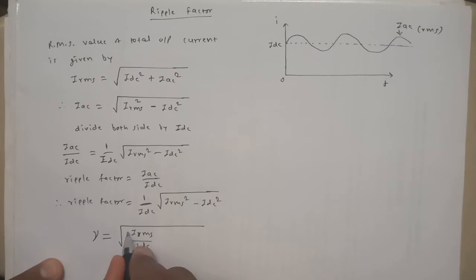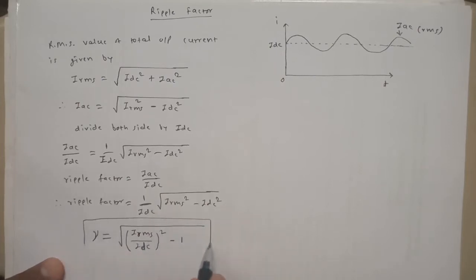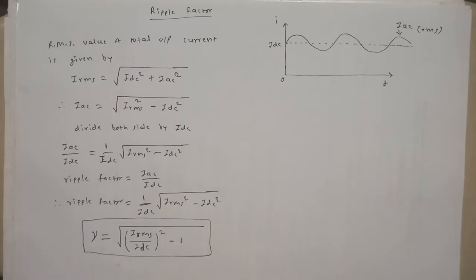So that's why it is a combined square of this ratio IRMS divided by IDC minus 1. So this is the equation for the ripple factor, which is nothing but under root IRMS divided by IDC bracket square minus 1.